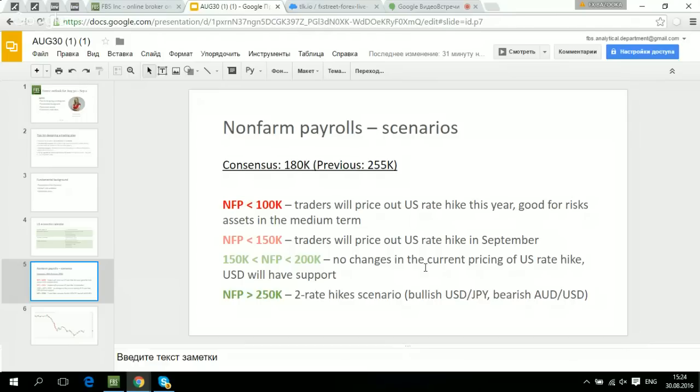So there can be many different strategies to trade on non-farm payrolls. I expect that we'll see the market go sideways ahead of the release, and you know that some traders try to set pending orders in order to catch the big move in the market, regardless of the side which this move will take.